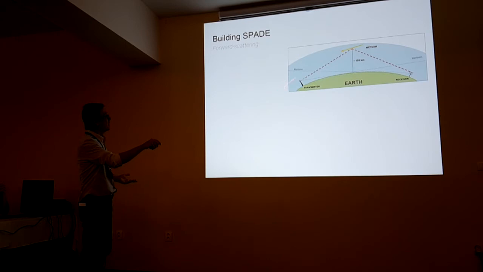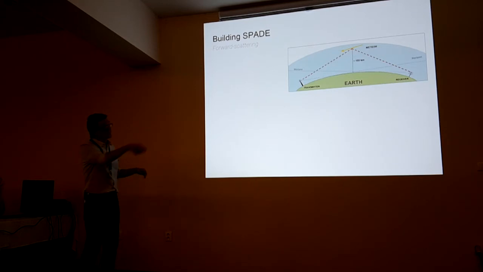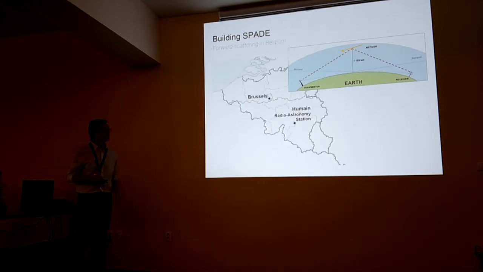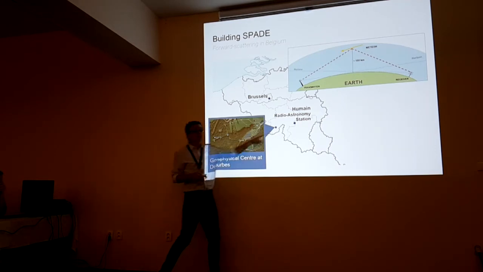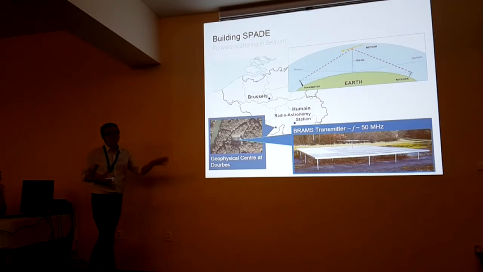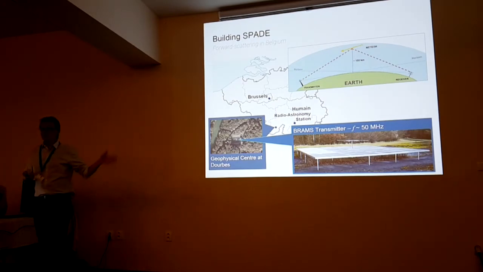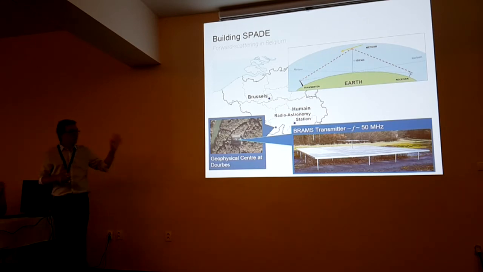You can have a transmitter and a receiver. They don't see each other directly, but every time a meteoroid ionizes the atmosphere, they can receive the signal on the other side. It turns out that we have a transmitter very close by in Dourbes. This transmitter, which is here in this area, is exactly the transmitter used by BRAMS, which transmits on 50 megahertz continuously.